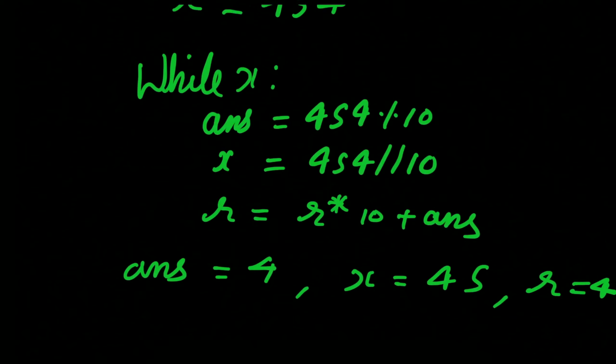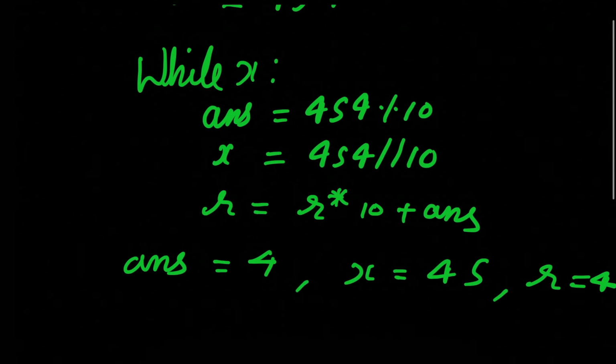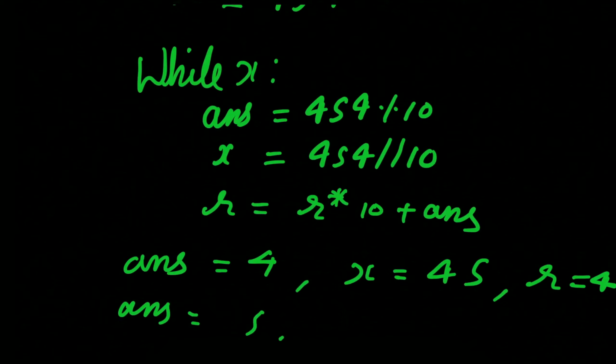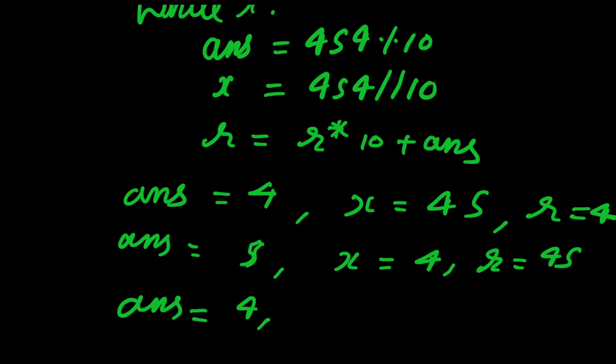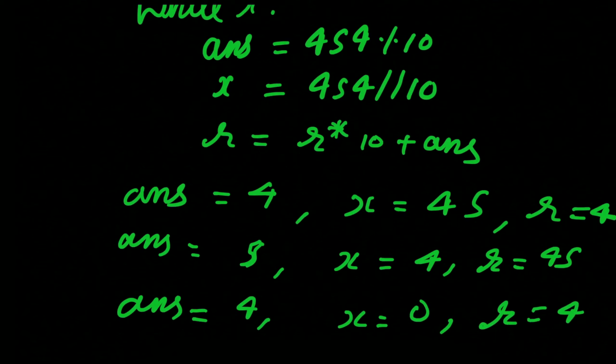Then answer will be equal to 5, x will be equal to 4, and r will be equal to 45, right? And then answer will be equal to 4, x will be equal to 0 actually, and r will be equal to 454. So now r is your answer, right?